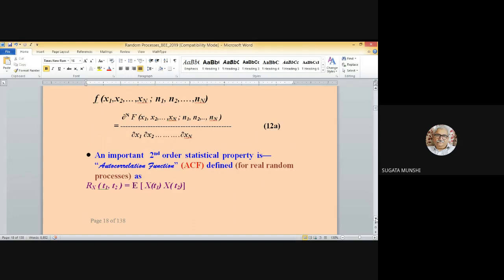The exact expression would have been the expectation of the product of X(t1) with the complex conjugate of X(t2). But because we are considering that the random processes are real, it's simply the expectation of the product of X(t1) and X(t2). This autocorrelation function is an extremely important thing.